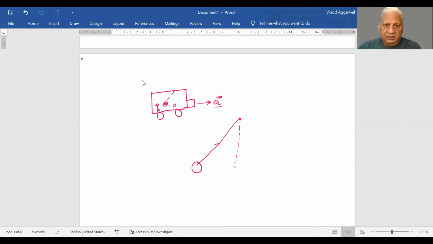Now this is tied with a string having a tension T, and let's say it makes an angle theta with the vertical. We can resolve these two components. This again is theta. This becomes T cos theta, and this is a horizontal component which becomes T sin theta.